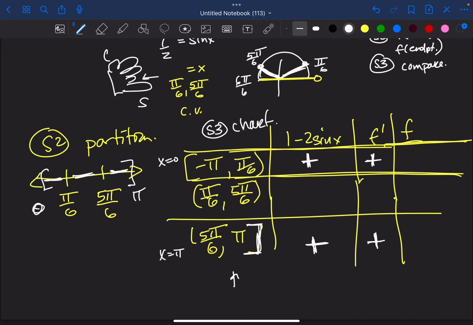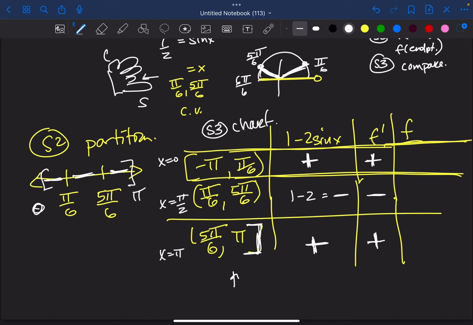Let's see. Is there a reason why I wouldn't like that? No, I'm okay with that. So then something in between pi over 6 and 5 pi over 6, maybe you do pi over 4, right? Or hey, no, even one that's easier than that. How about pi over 2? So at pi over 2, sine is 1, so this is 1 minus 2, which is negative.